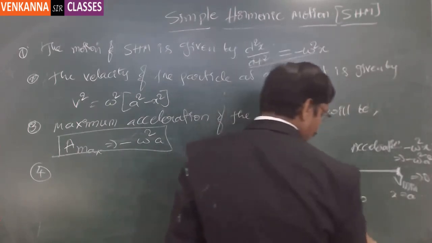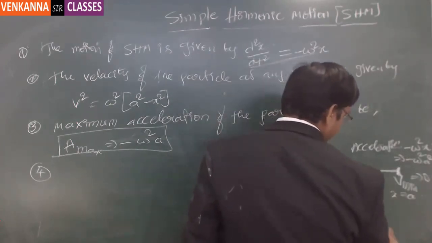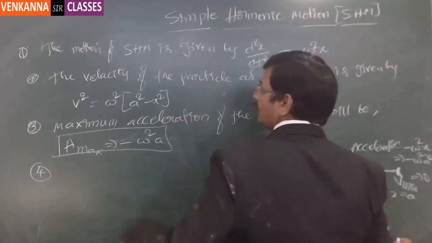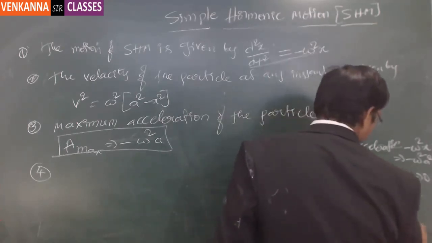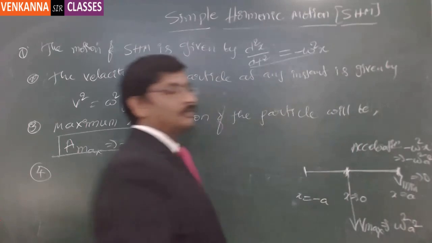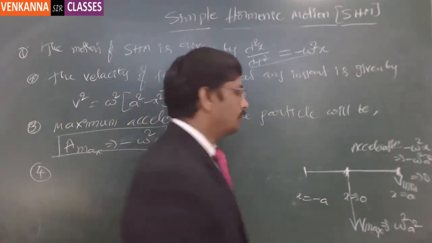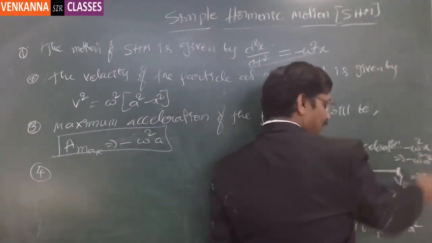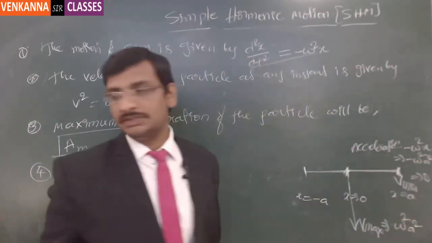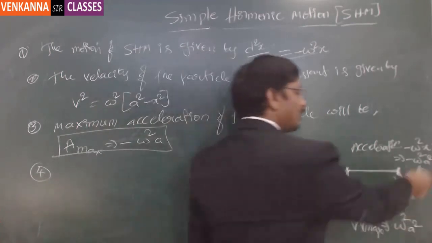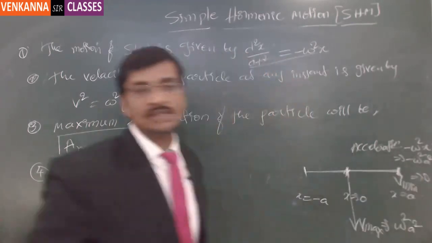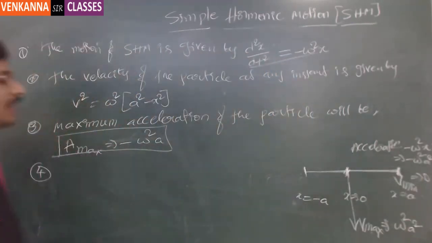And this is the place where v max occurs. Just a multiplication of a with the acceleration gives you the maximum velocity. So a factor of a is different between the acceleration and the velocity, and that is only for the magnitude.